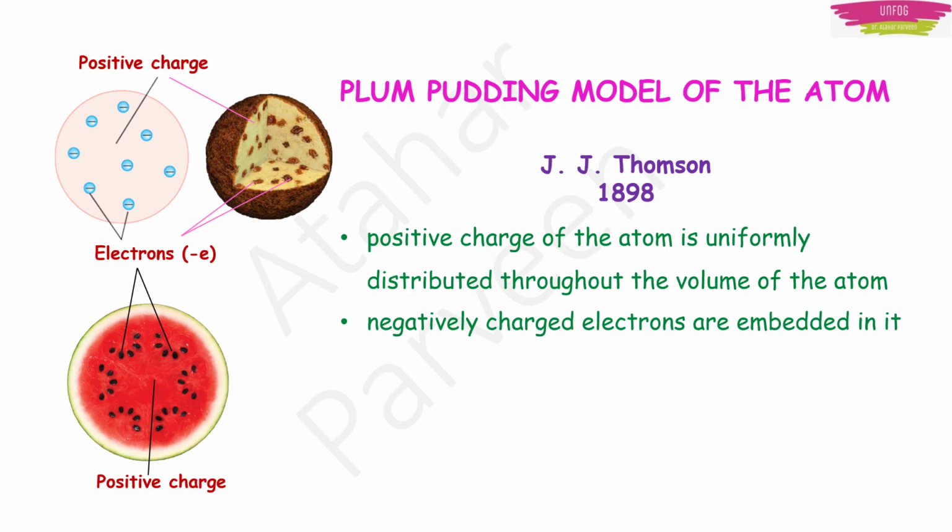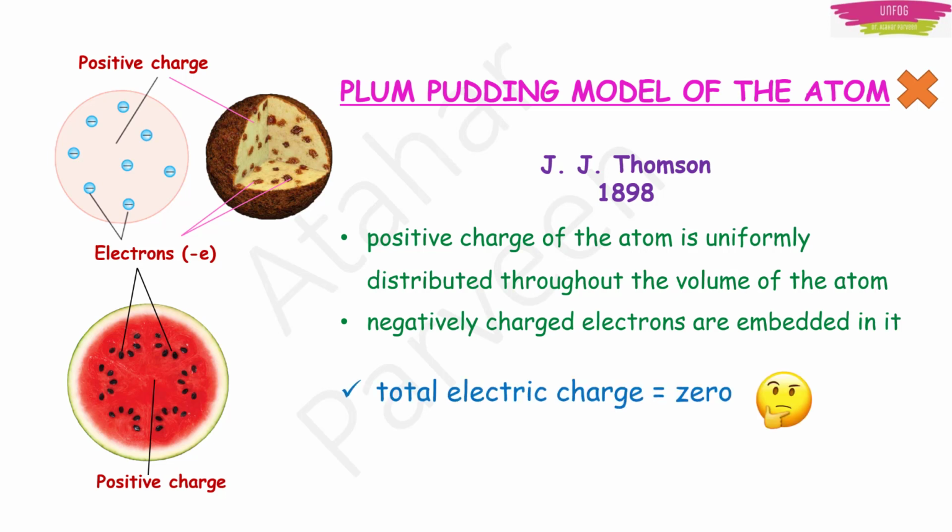But unfortunately, this model turned out to be wrong, because according to this model, the number of electrons is less than the number of protons, right? But we know that the total electric charge of an atom is 0. Because if we touch something, we do not get a shock, right? Are we getting a shock if we touch something? No, right?